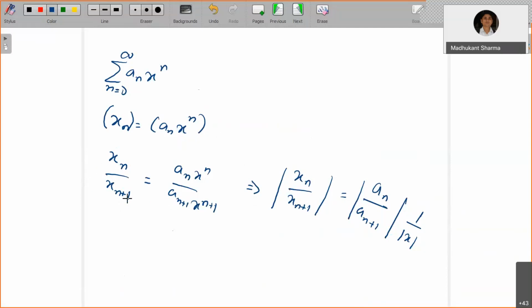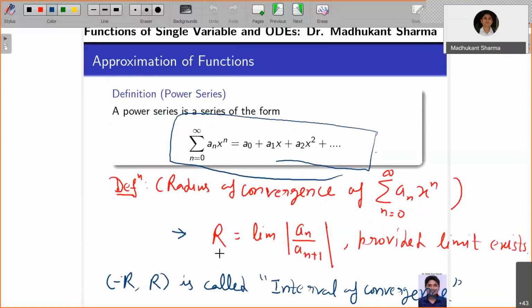This is why this name is attached here. The radius of convergence means you obtain mod x less than R. So the radius of convergence is this, provided this limit exists. That's the very first important thing: this limit should exist. Then you can define the radius of convergence by this limit.